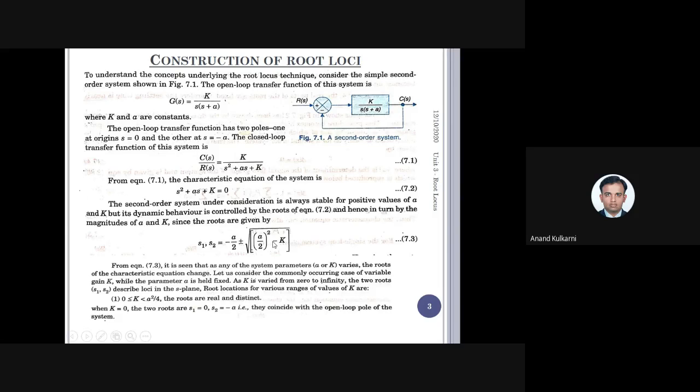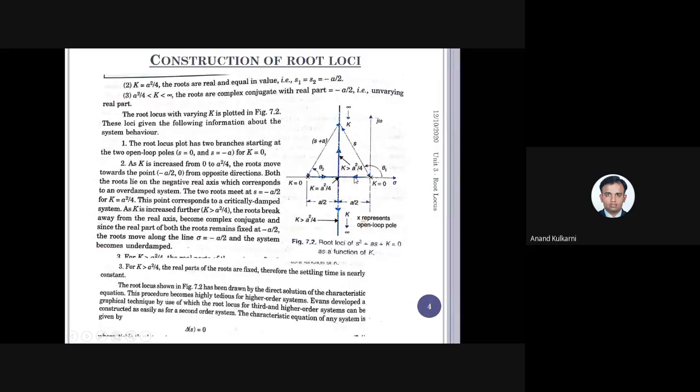Suppose k is equal to (a/2)². Then the under root quantity becomes 0, so the two roots will be at −a/2 only. So when k is equal to (a/2)² or a²/4, this point and this point both will come towards that and will meet here.